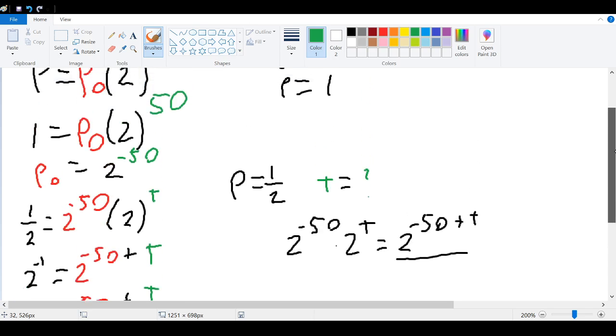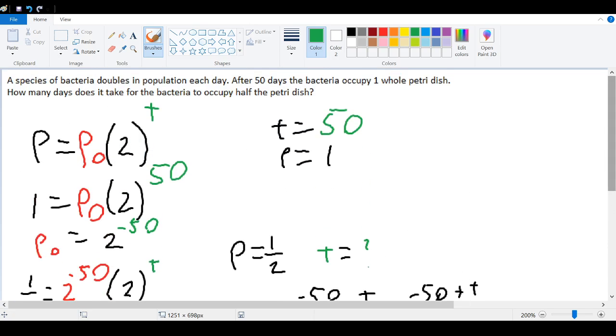There's also another way to do it if you just think about the problem intuitively. We know that the species of bacteria doubles in size each day, and after 50 days, the bacteria occupies a whole petri dish.